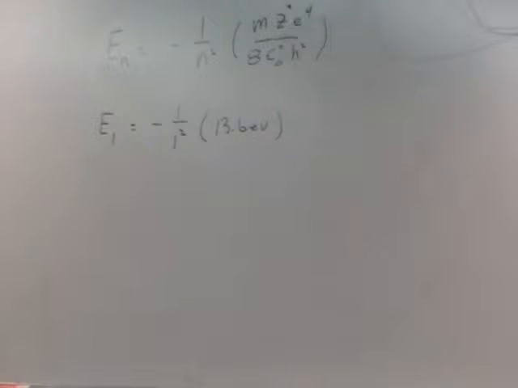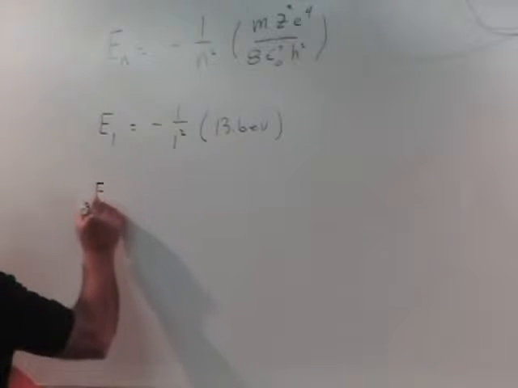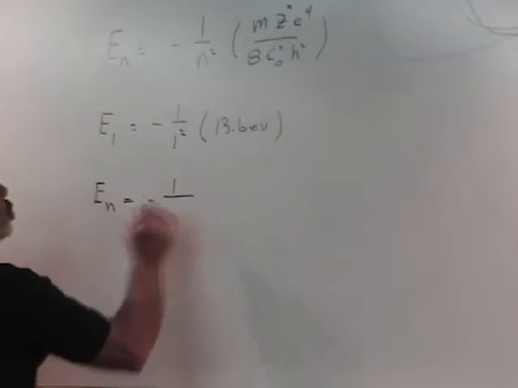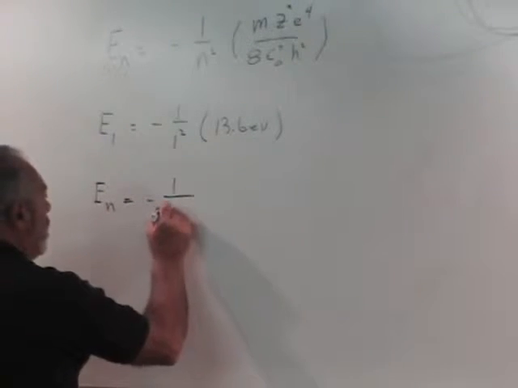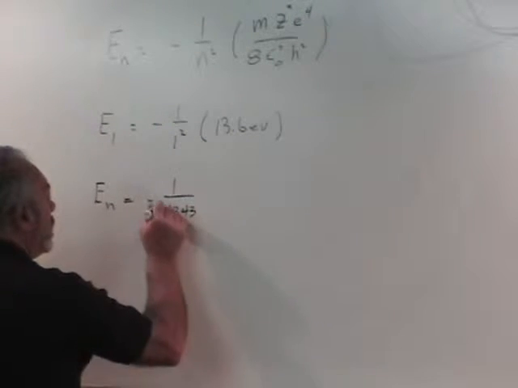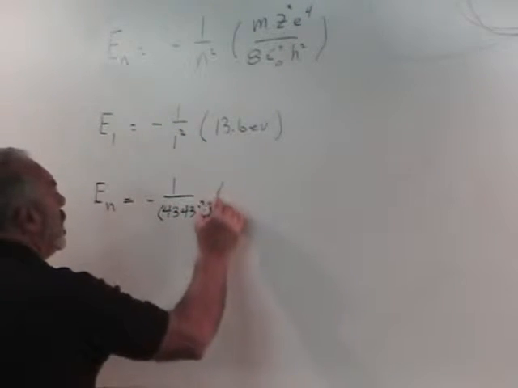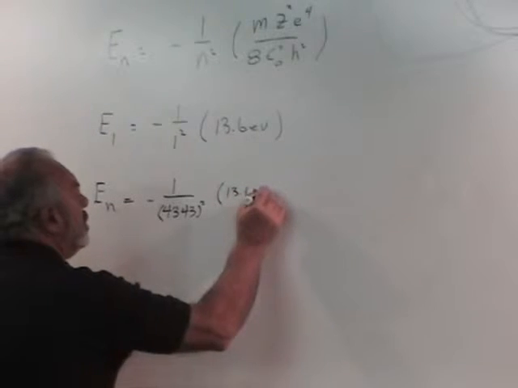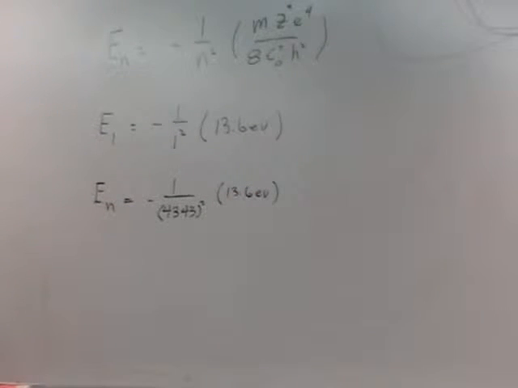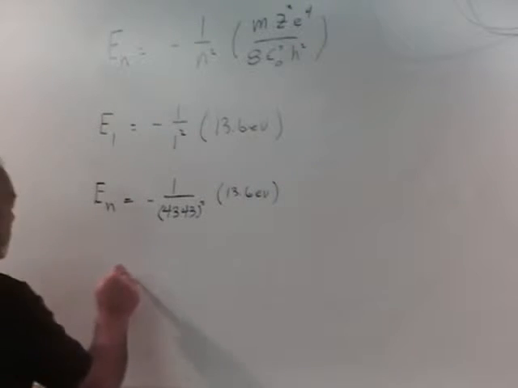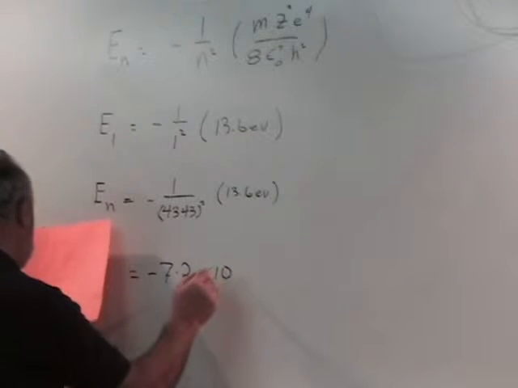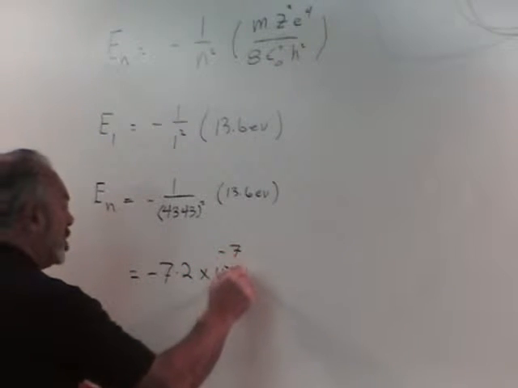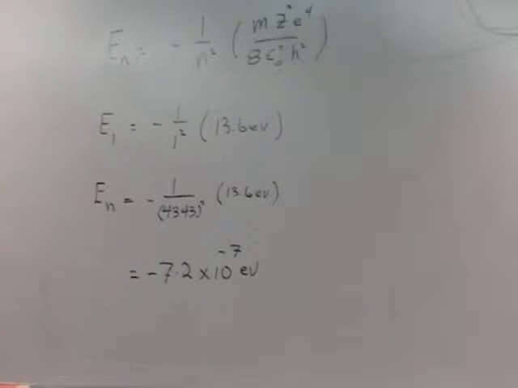So E sub n for us is going to be minus 1 over n squared, for us, what was it, 43 squared, times 13.6 eV. And I get minus 7.2 times 10 to the minus 7 electron volts.